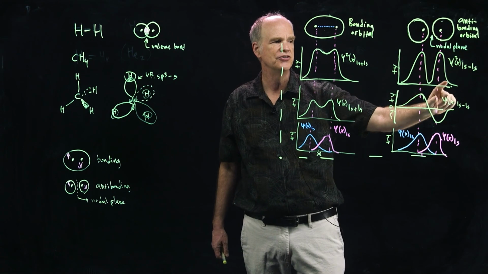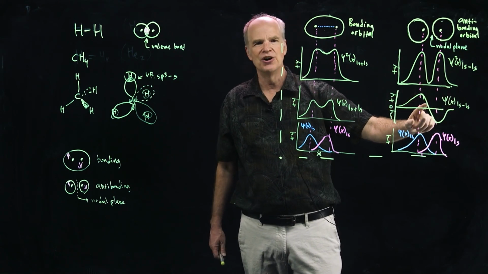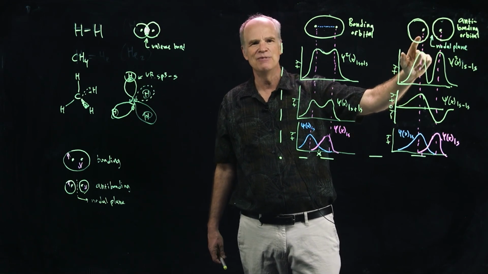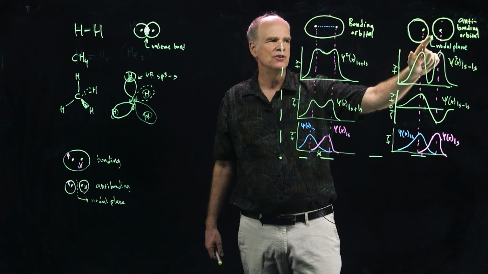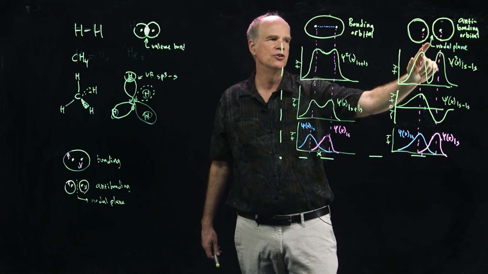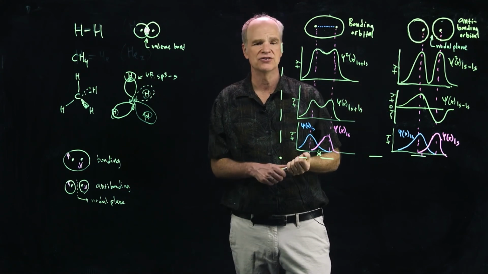And so this is the peak you'll get here. But note that the 0 is still 0. So that's why here in the antibonding orbital, we have a place where you cannot find any electrons. And this is the nodal plane that is between the two nuclei. We cannot find any electrons there.